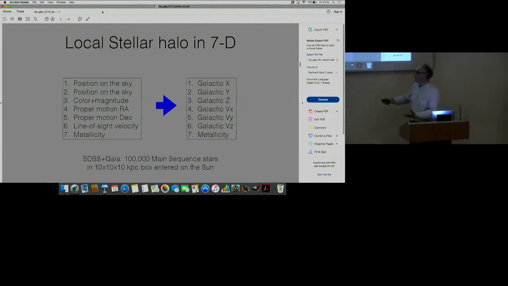So it's of the order of 100,000 main sequence stars in a 10 by 10 by 10 kiloparsec box centered on the sun. And here, of course, is the data: the position on the sky, the two angular coordinates, the color and the magnitude, the proper motion in RA, the proper motion in DEC, the line of sight velocity and the metallicity. And I can convert that into galactic position and galactic velocity and metallicity.